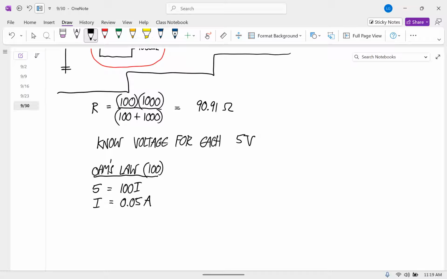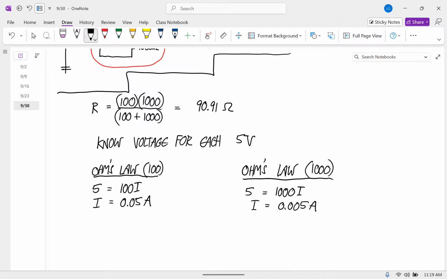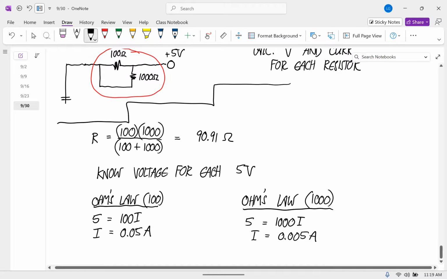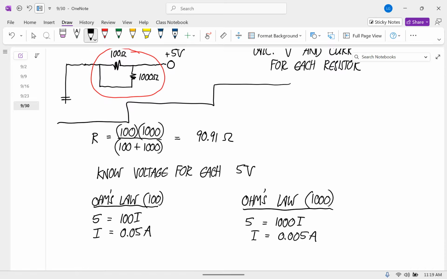And then for the 1,000, we know that the voltage is 5. The resistance is 1,000. And so the current here is 5 1,000ths or 0.005 amps. And if you add those two up, you get that the total current through both of them is 0.055 amps. And that's what you would get by using Ohm's law with that combined resistance.